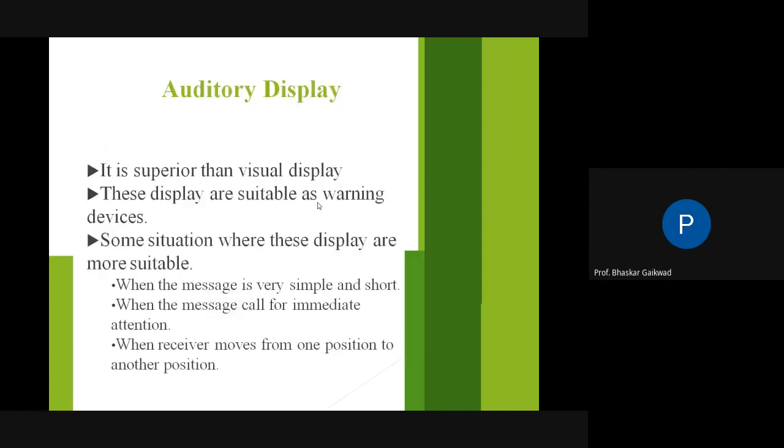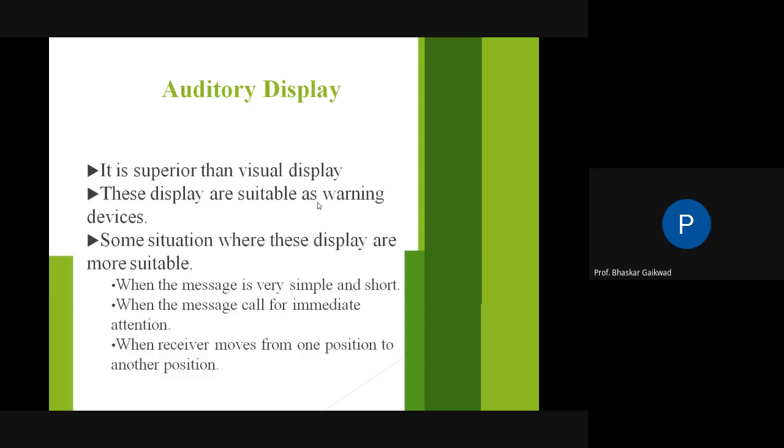Then next, auditory display. It is superior to visual display. Visual means we have to see with our naked eye. But this auditory display is superior to visual display. These displays are suitable as warning devices in some situations where the message is very simple and short.